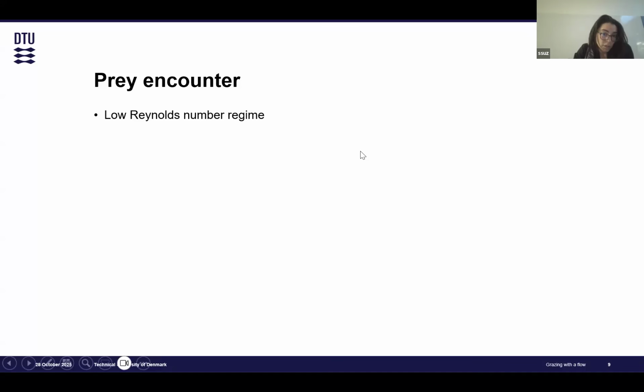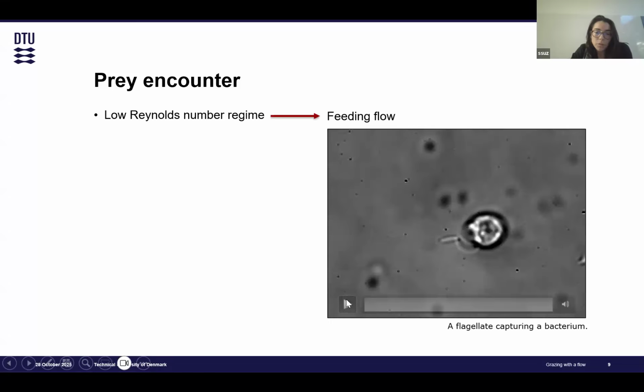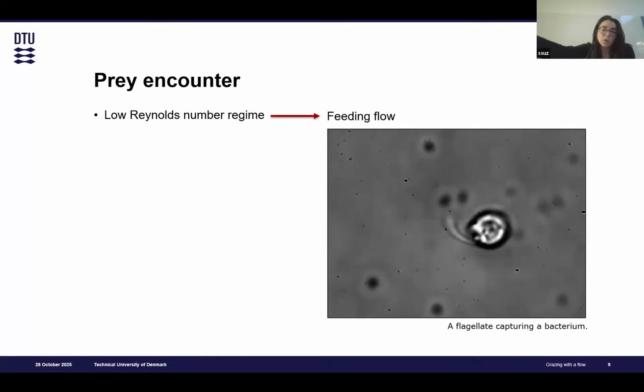Because being of such small scale, organisms that are around 2 to 10 microns in cell diameter, being in the low Reynolds number regime where viscosity governs and there's no inertia, they have to generate feeding flows in which they're able to capture the particles that are embedded in these flows and drawn towards them, and then they can handle this prey to be able to phagocytize them.